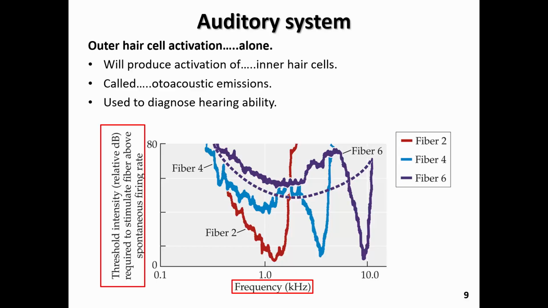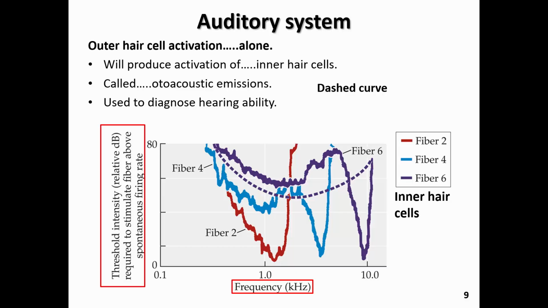And this is the threshold intensity that needs to activate the fiber above its what's called a spontaneous firing rate. So we just take a look at where we see this very steep increase in the red, very steep increase in the light blue, very steep increase in the dark blue, and those occur at different frequencies. And so these are the inner hair cells. So the inner hair cells are considered neurons. They don't look like neurons, but they are considered neurons.